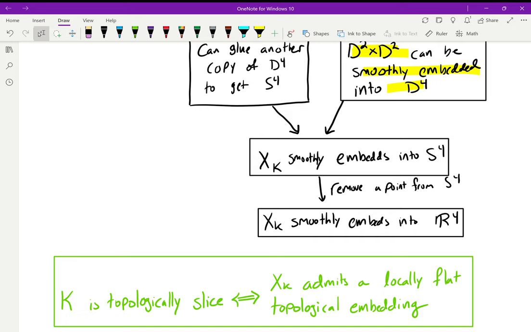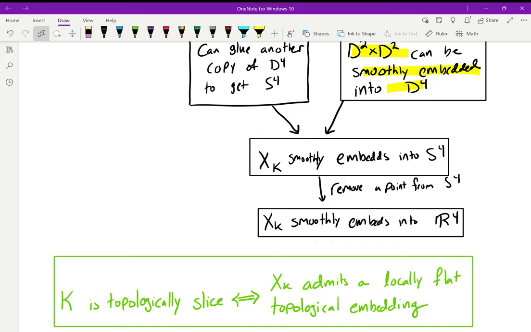And I think that's what you were proving, that if it's a slice knot, you can see it as a slice of a knotted two-sphere in R4. Yes, it is, absolutely. Thank you, Charlie.